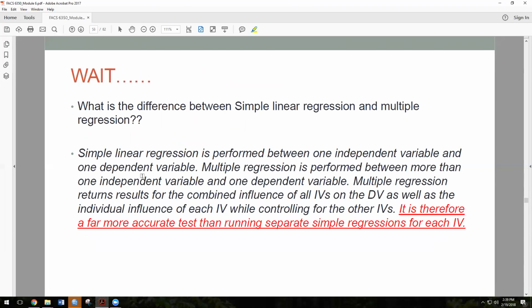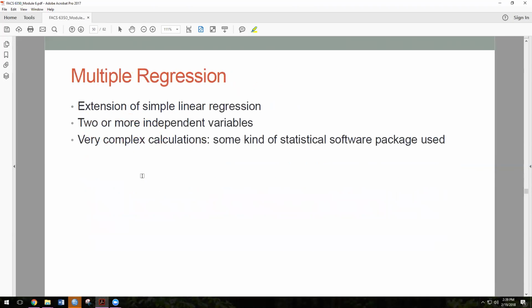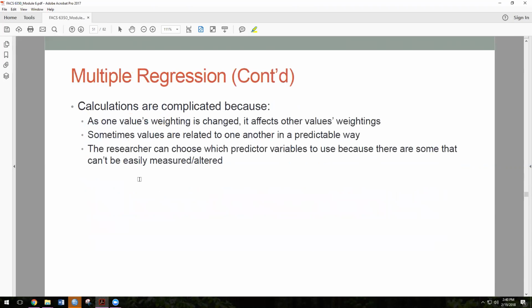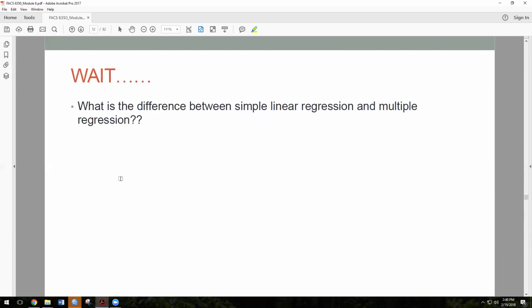And so every time you have another variable that's put into the equation, then you have to change the weights of every other one. And so it could get super complex very quickly. So sometimes variables are related in a predictable way, and sometimes they're not. And so if you're doing it by hand, it could be very cumbersome.